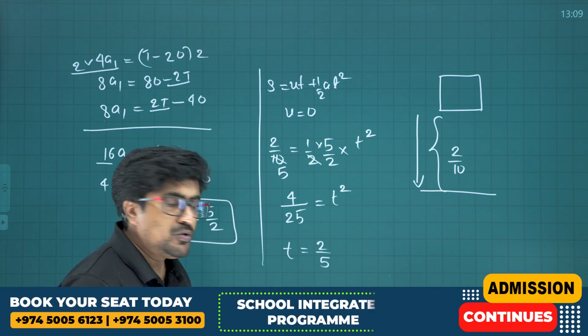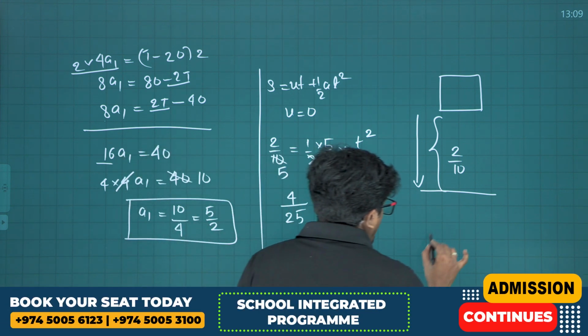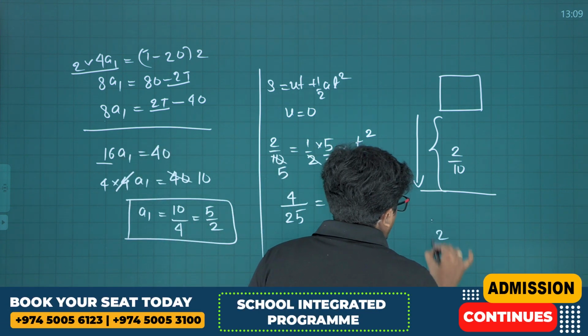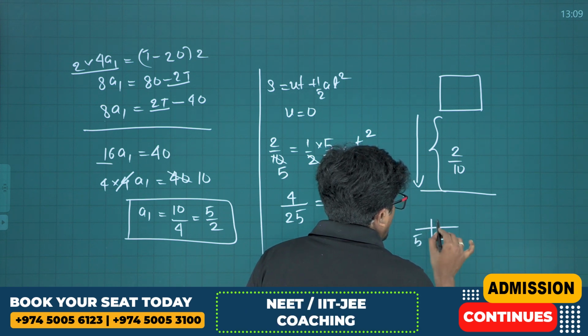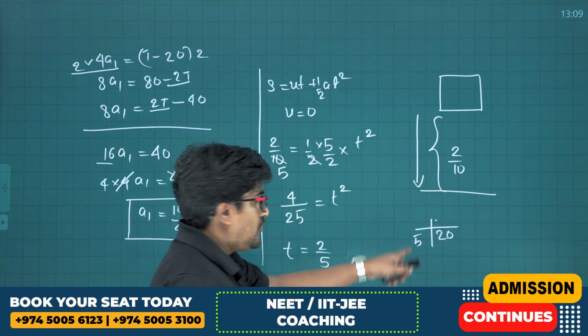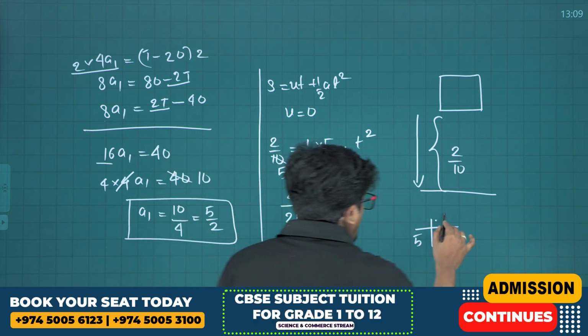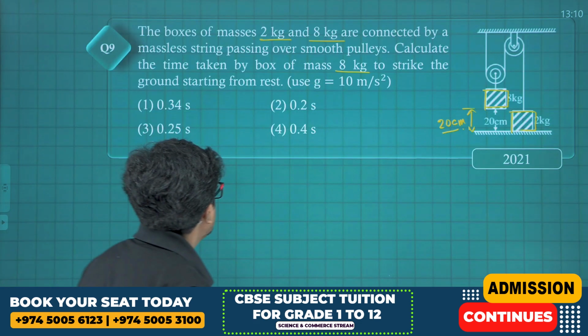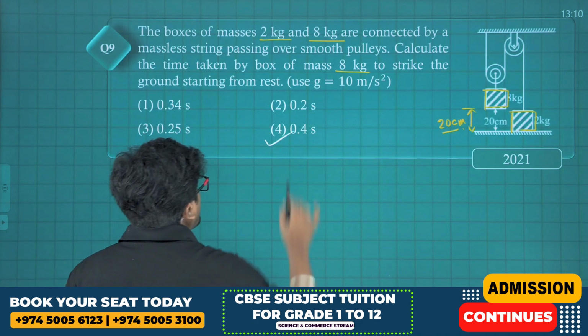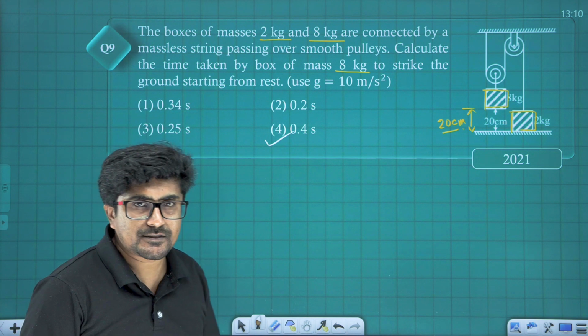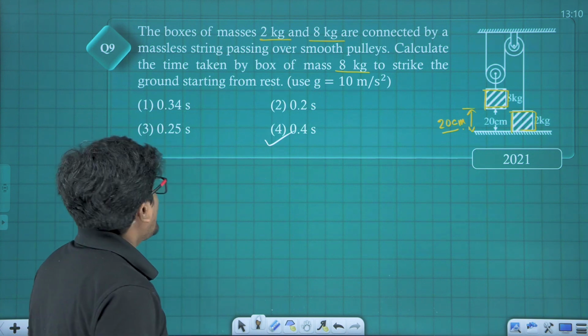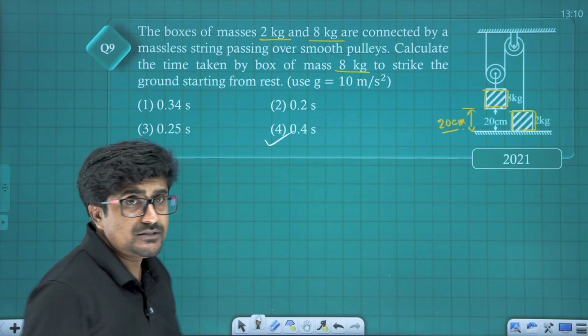Now of course, 2 divided by 5, it's supposed to be 20 by 5, that is 0.4 second. That means option 4 must be the correct answer in this case. Is that fine? Now let's move to the next, that is question number 10.